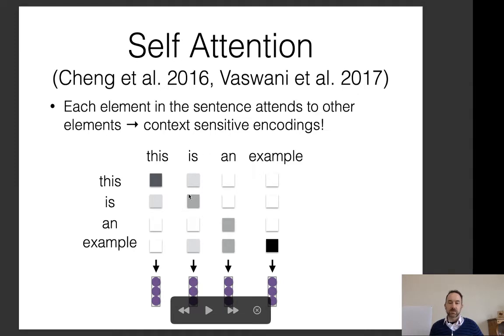So basically what this would do is pull in information from the subject and the object in the sentence, which could then be used to do this sort of disambiguation. So yeah, basically this gives you a better idea of context in the sentence.